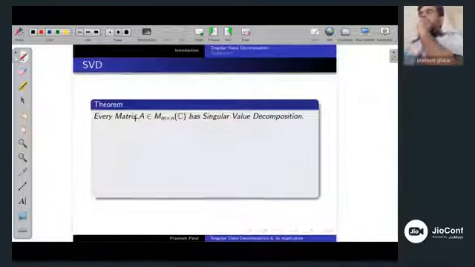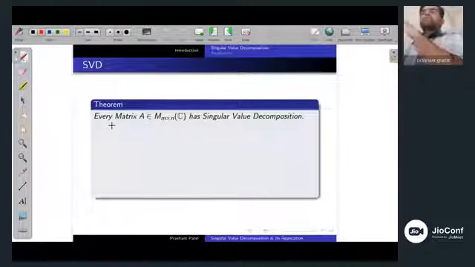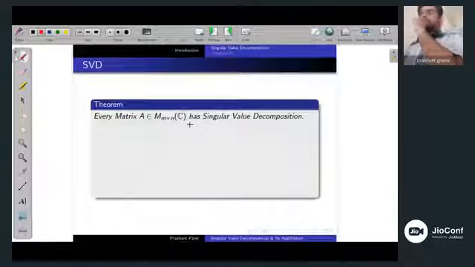So this theorem, which I have told you in a vague manner, says that every matrix A of order m by n has a singular value decomposition.